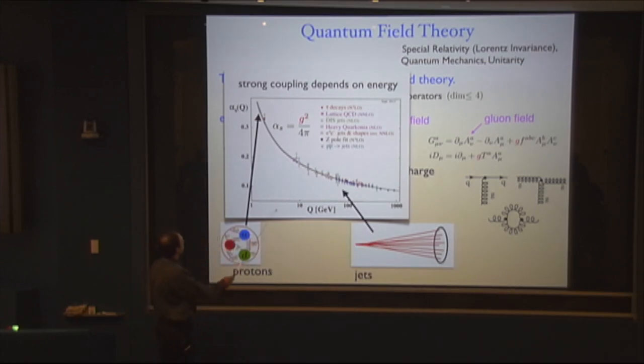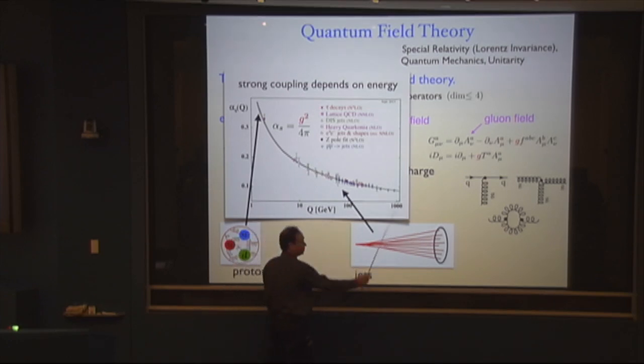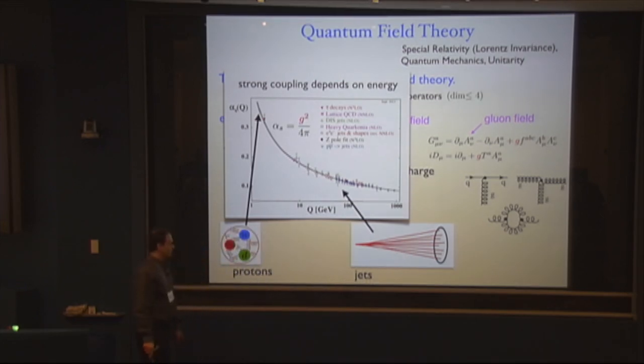At long distance, where you have these protons at small energies, the coupling is very strong, and that's the name strong force, that it binds together into these protons. But at high energies, it becomes very weak, and it actually goes to zero asymptotically. That's asymptotic freedom. And that's where the phenomenology of these jets comes in, in this region where the coupling is small. So we have these two different kinds of emergent phenomena in different places in the parameter space.